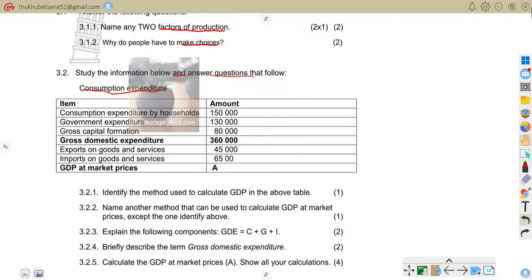As you can see, we are given this information where we have items as well as amounts. We have consumption expenditure by households, government expenditure, gross capital formation, gross domestic expenditure, exports of goods and services, imports of goods, and there are also amounts given for those items. So the first question says, identify the method used to calculate gross domestic product in the above table.